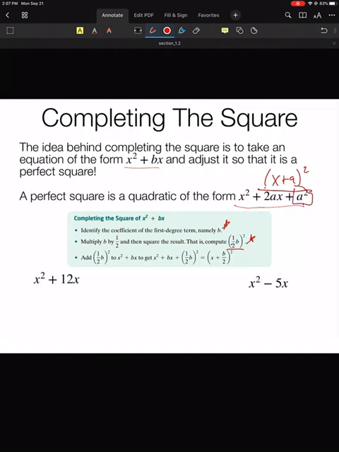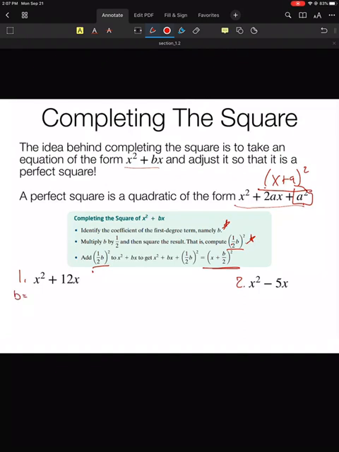Then we add (1/2 b) squared to our original form, and that's going to get us the perfect square, which is (x plus b over 2) squared. So let's do that.